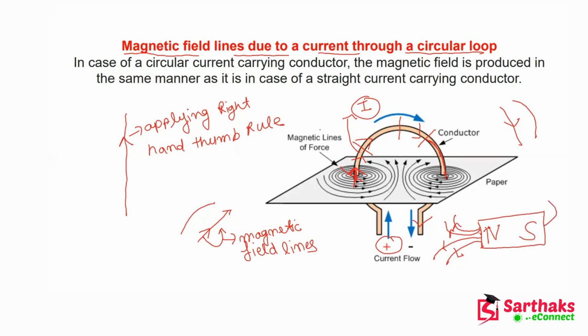This is your south pole and magnetic field lines are coming into the south pole. So here in this part, these lines are coming in, so this will be acting as a south pole. Let me write it down here for you.